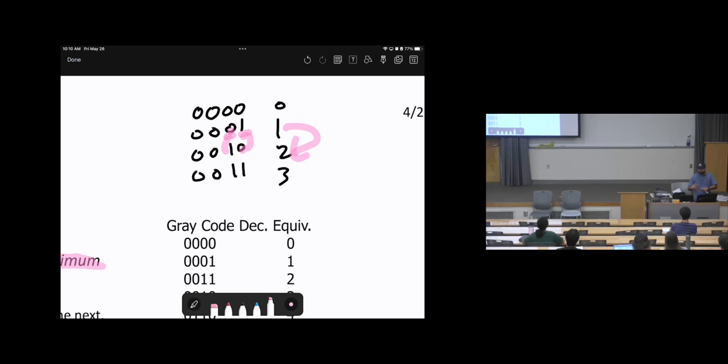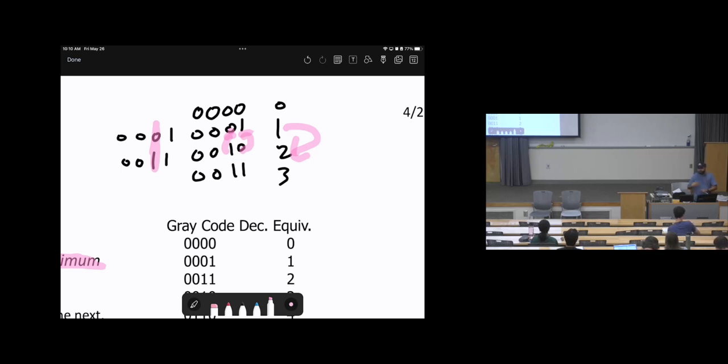So the best value to move from 1 to 2 is to make it like 0011. If I make it like this, then I'm only making 1 change, which is changing only in this bit. So this is the idea of a gray code.